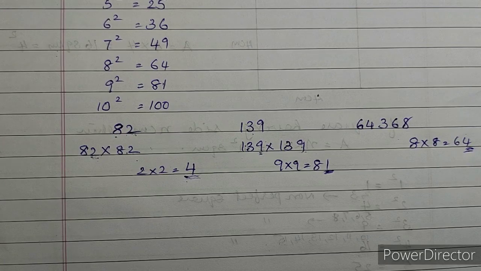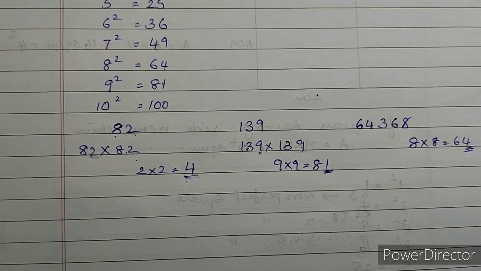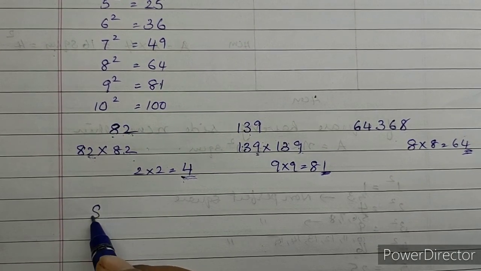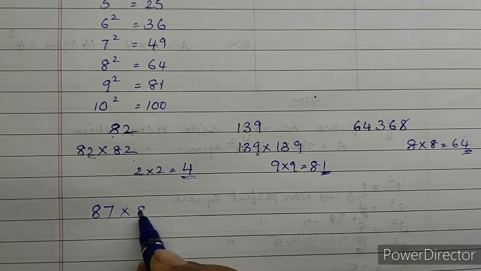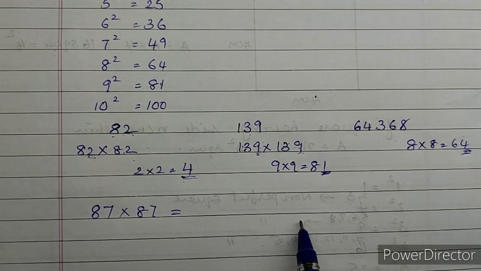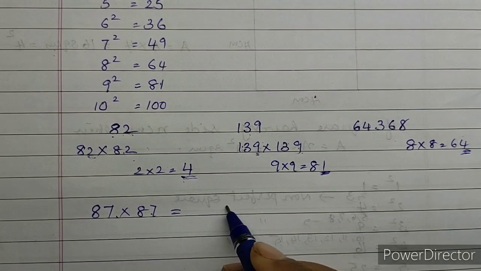Because for any number you take, the unit place digit will be one of the digits 0 to 9. The numbers 0 to 9 are called digits. A few examples I will show you. 87 into 87. What will be the ending digit, or unit place digit, of this? 7 sevens are 49.